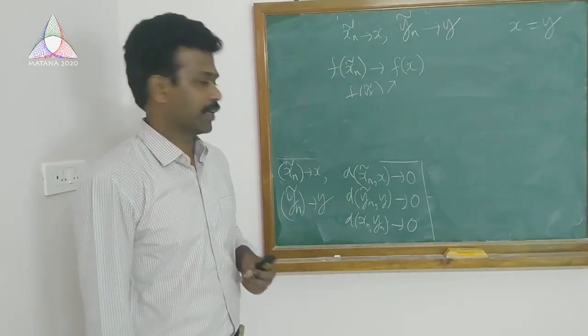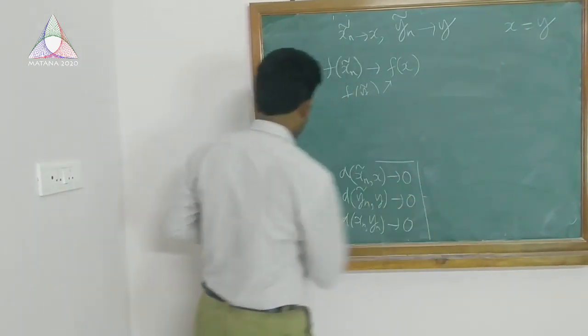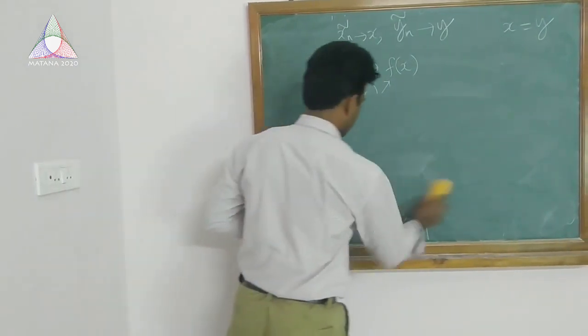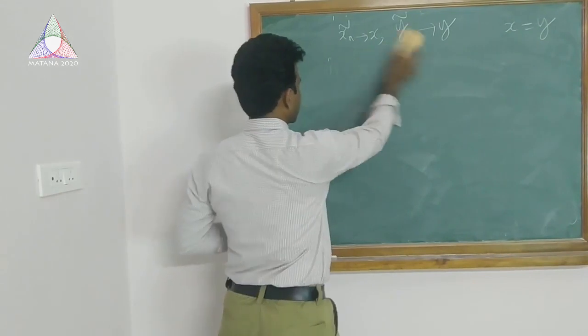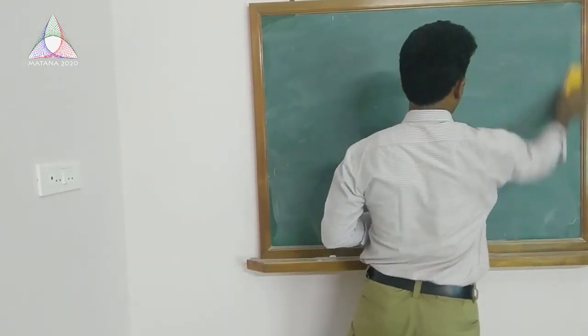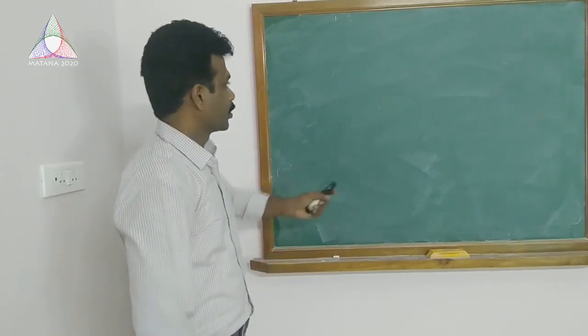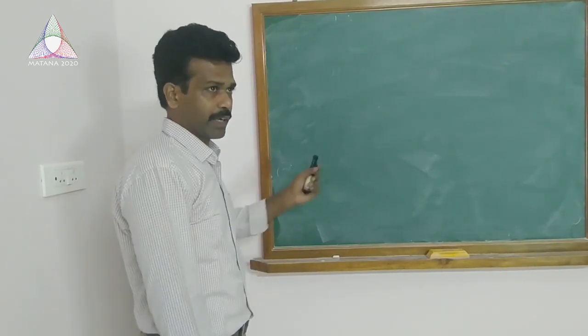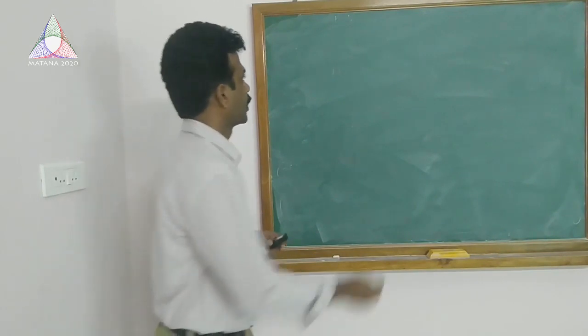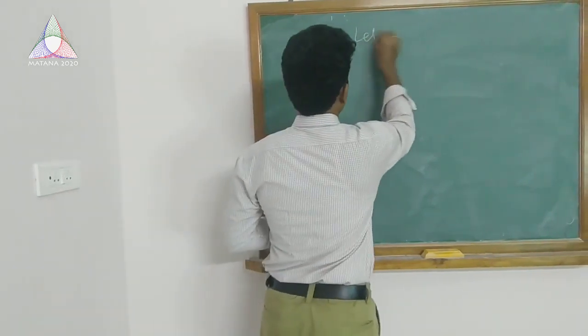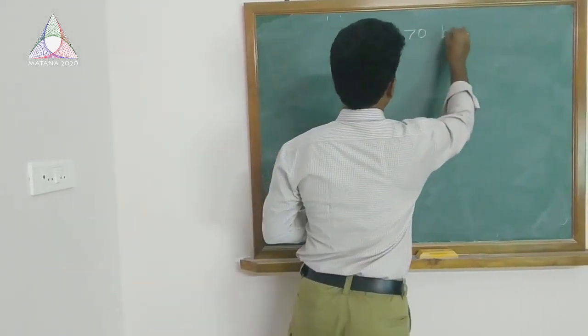There is another alternate proof by using covers, by using the definition of a compact set: every open cover has a finite subcover. We are going to give another proof for the same result. Let us start with an epsilon. Let epsilon greater than 0 be given.